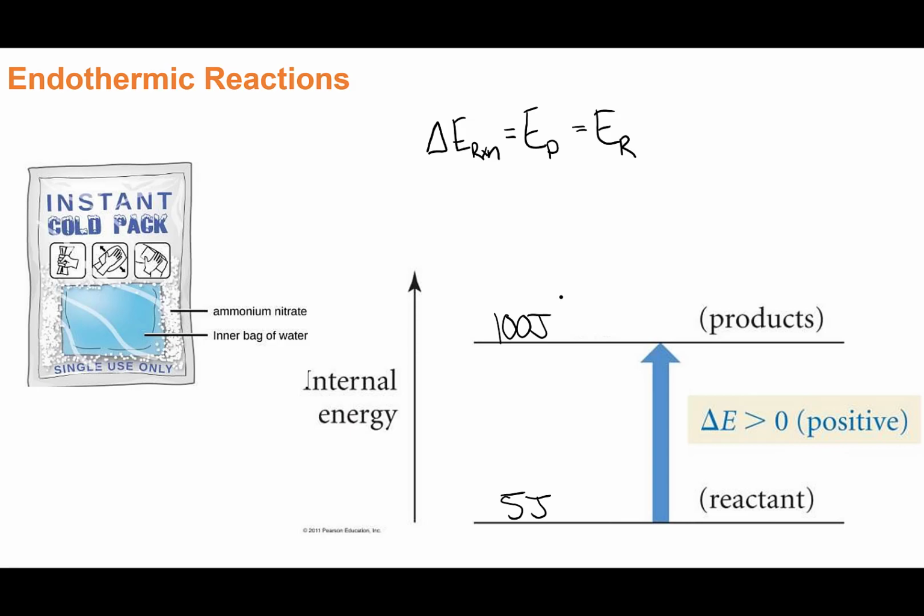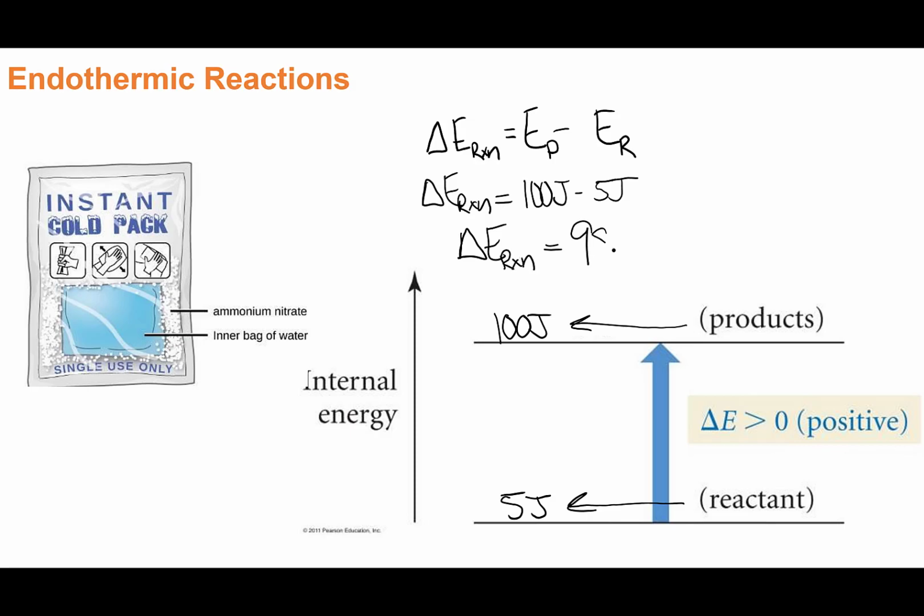So if I want to know the change in energy for this particular reaction, it's going to be the products minus the reactants. The energy of the products in this case is 100 joules, minus the energy of the reactants, which is 5 joules. So the change in energy for this reaction is going to be a positive 95 joules.